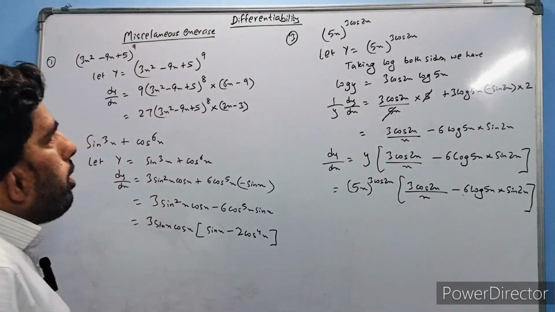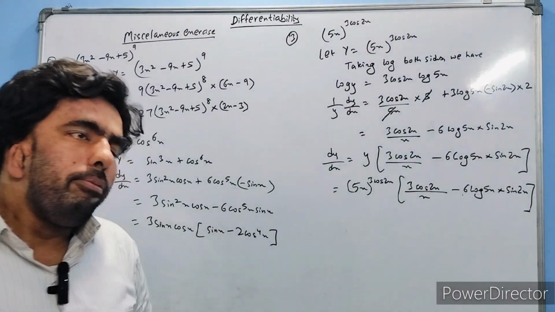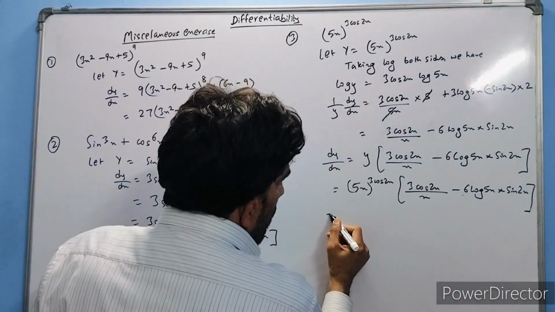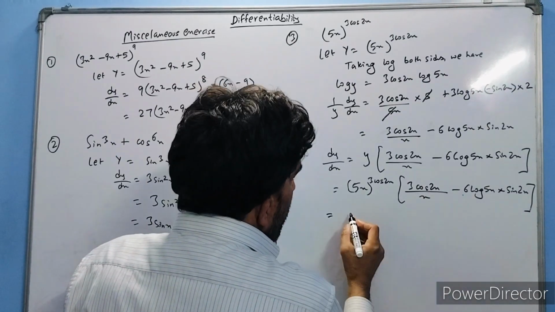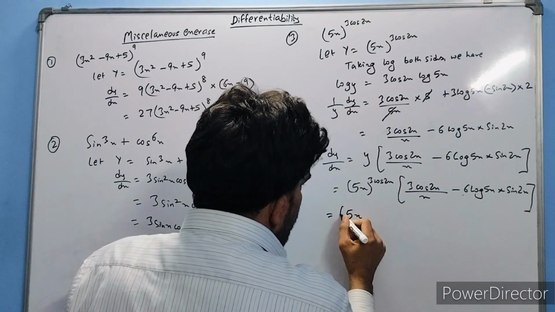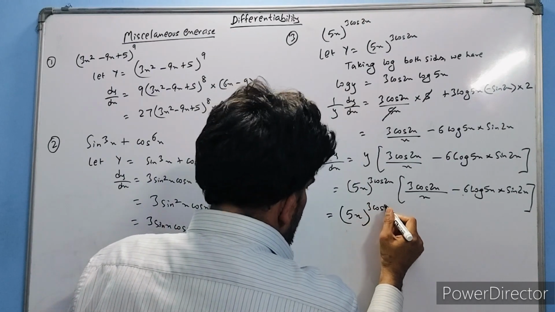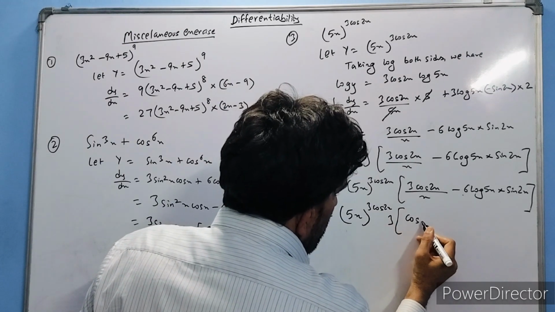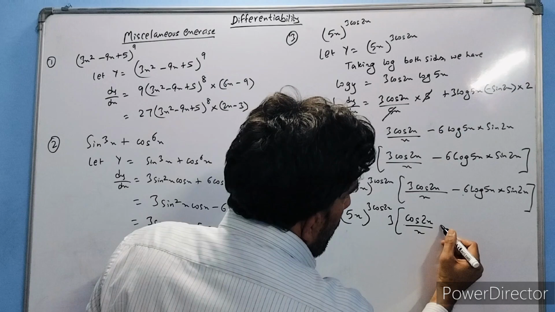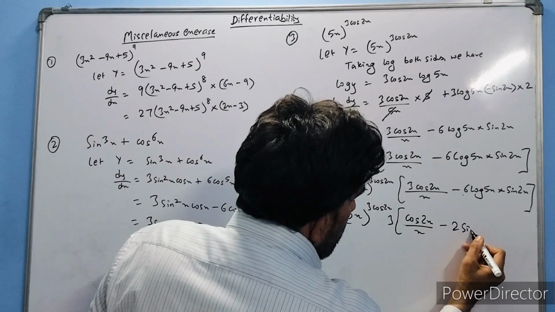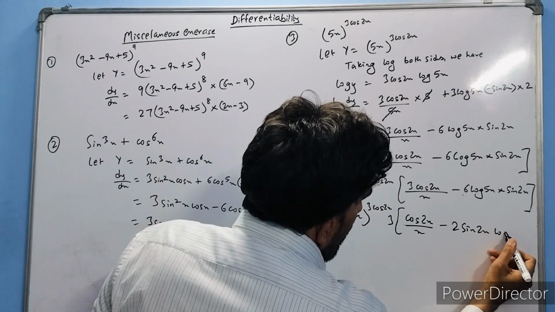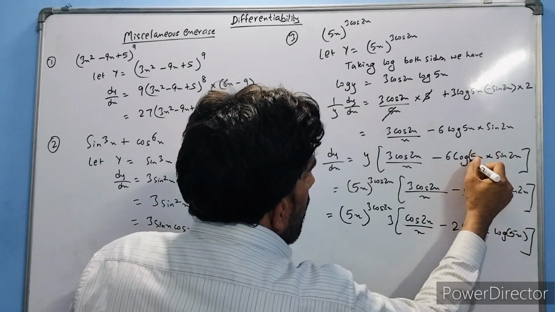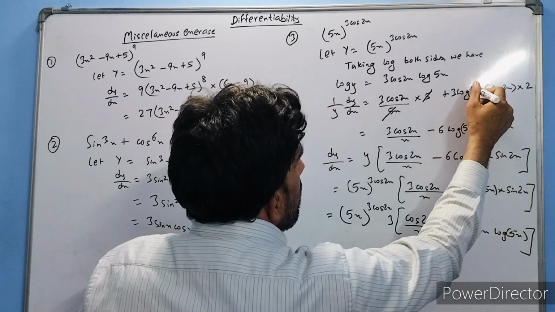So that is how we differentiate the function. Now in this, we can take 3 common here. So we have (5x) whole power 3 cos 2x, and we have taken 3 common here. So we have cos 2x upon x minus 2 sine 2x log 5x.